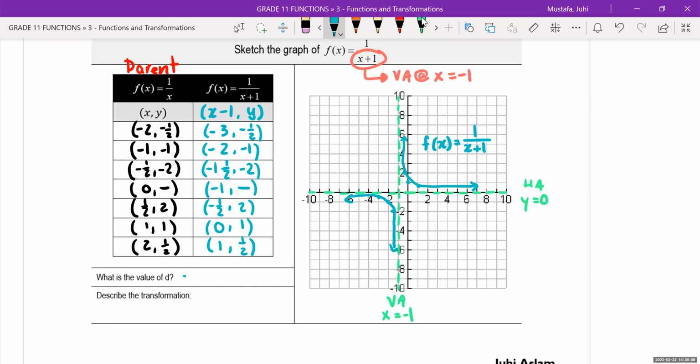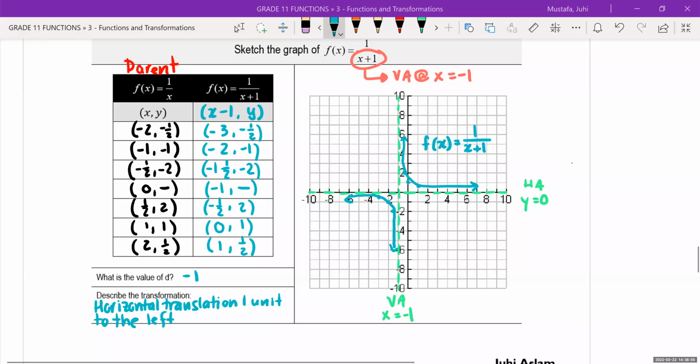And to finish off the question, the value of d is -1, and this is a horizontal translation 1 unit to the left. And for a horizontal transformation, the only thing that's going to change is the vertical asymptote. It's going to be shifted 1 unit to the left as well.